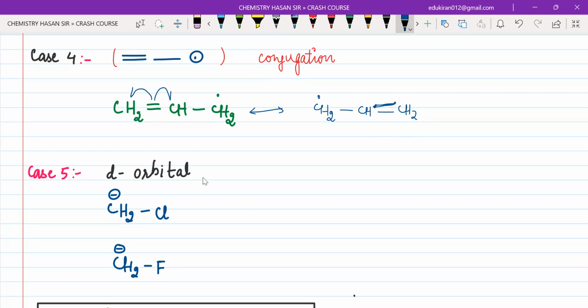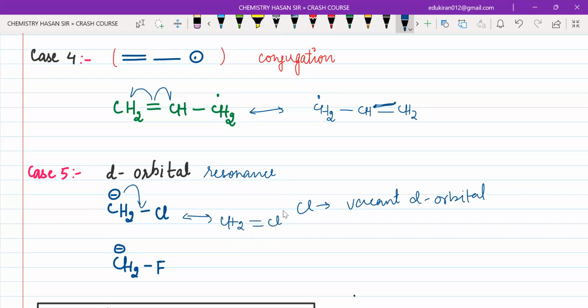Now, the next one is d orbital resonance. D orbital resonance. We know that chlorine has vacant d orbital. So it will easily take electron from here and it will be CH2 double bond Cl positive.